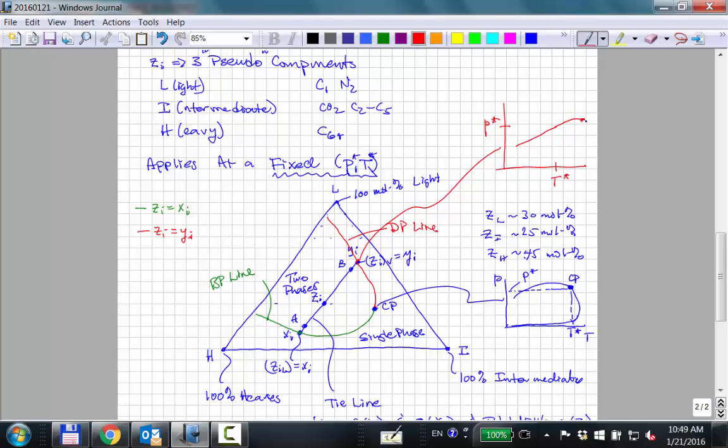And then it would have a critical point out here. Its critical point might be down here somewhere. That's for the composition Yi from the original.